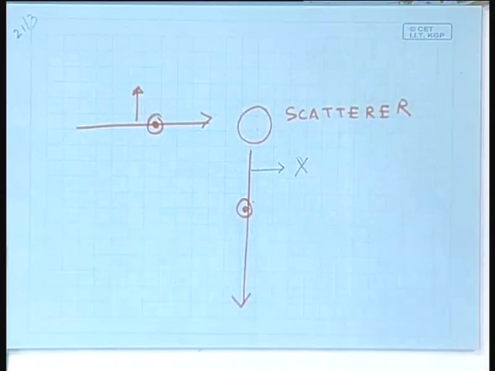So, when you have scattering, when you look at the scattered light at 90 degrees to the direction of incidence, the component of polarization in the plane of scattering is going to be absent. There is only going to be a component of polarization in the direction perpendicular to the plane of scattering. So, this is how scattering introduces polarization.